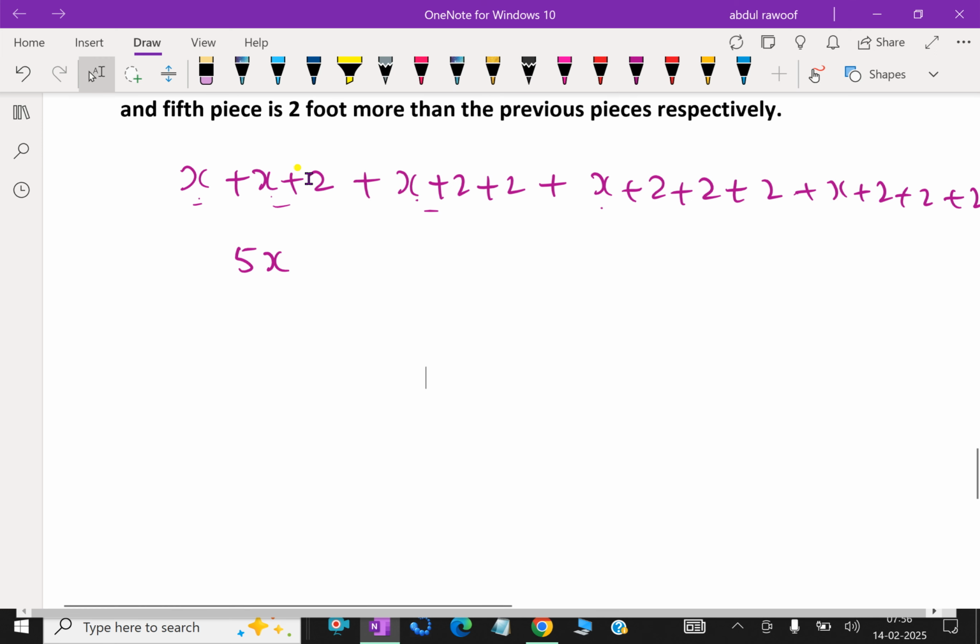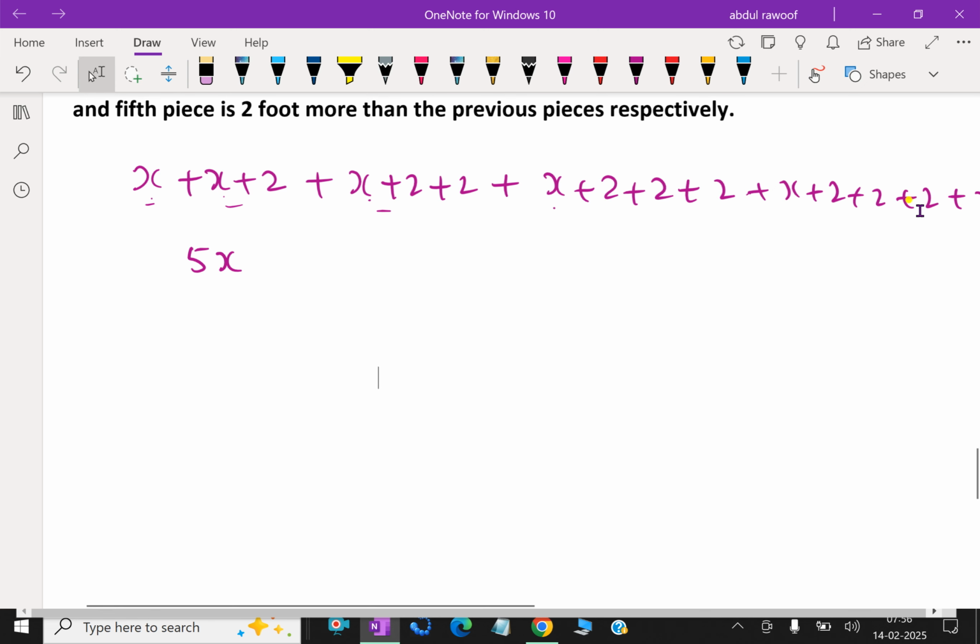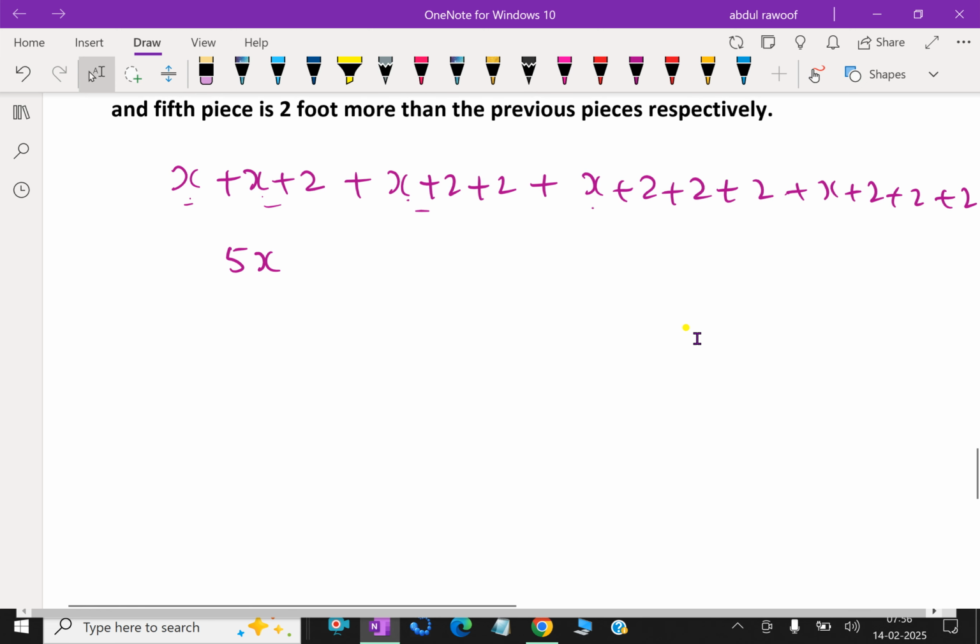How many 2's are there? 1, 2, 3, 4, 5, 6, 7, 8, 9, 10.